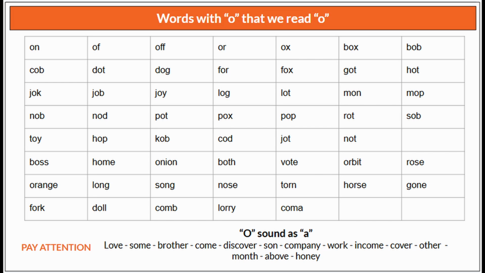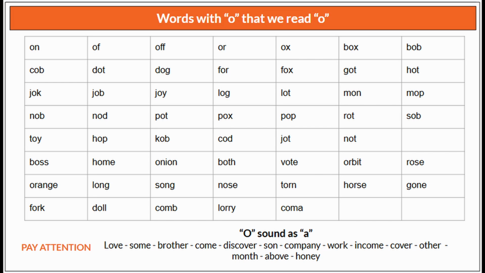Pay attention. Some words with O we read as A. For example, love. Though some people say, I love you, or you can say, I love you. Some, don't say some people, but some people. Don't say brother, but brother.